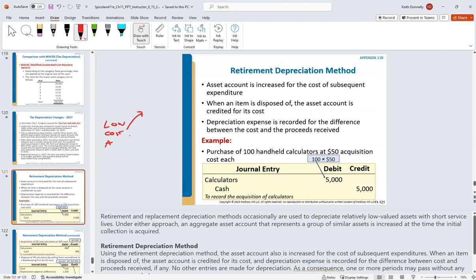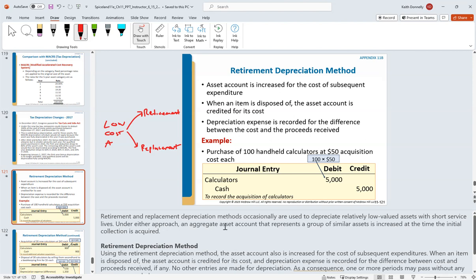We have two methods here that can help us: the retirement method and the replacement method. So it says the retirement and replacement depreciation methods are occasionally used to depreciate relatively low valued assets with short service lives.